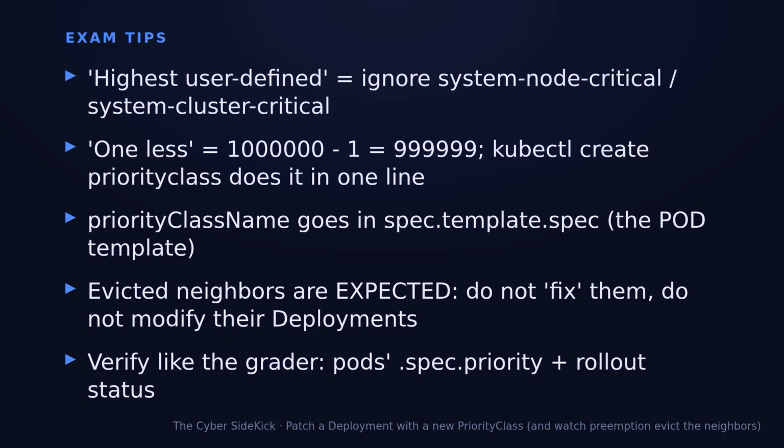Do not invent a round number. kubectl create priorityclass is the fastest correct answer, and the priorityClassName field goes in the pod template, not on the deployment's own spec. When the neighbors get evicted, leave them alone. The question explicitly says modifying other deployments costs points, and preemption is the intended behavior, not an incident. And verify with the pods, not the deployment. Custom columns on spec.priority shows exactly what the grader checks.